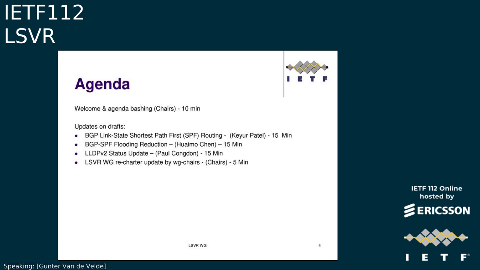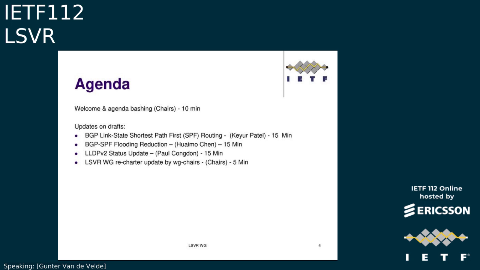So for the agenda, as I mentioned, we have 60 minutes today. We have 4 different topics. We're first going to cover a quick agenda bashing, and speak about some of the drafts we have in the working group itself.